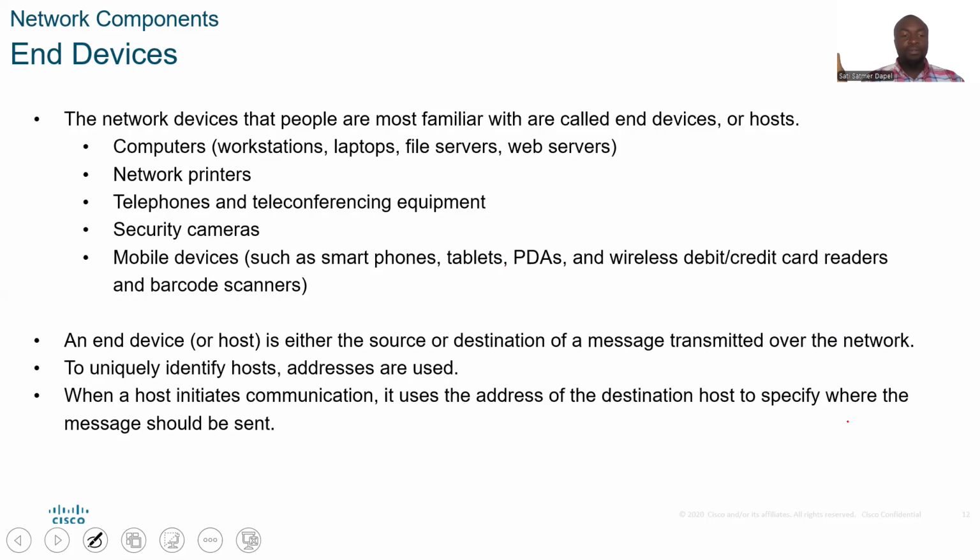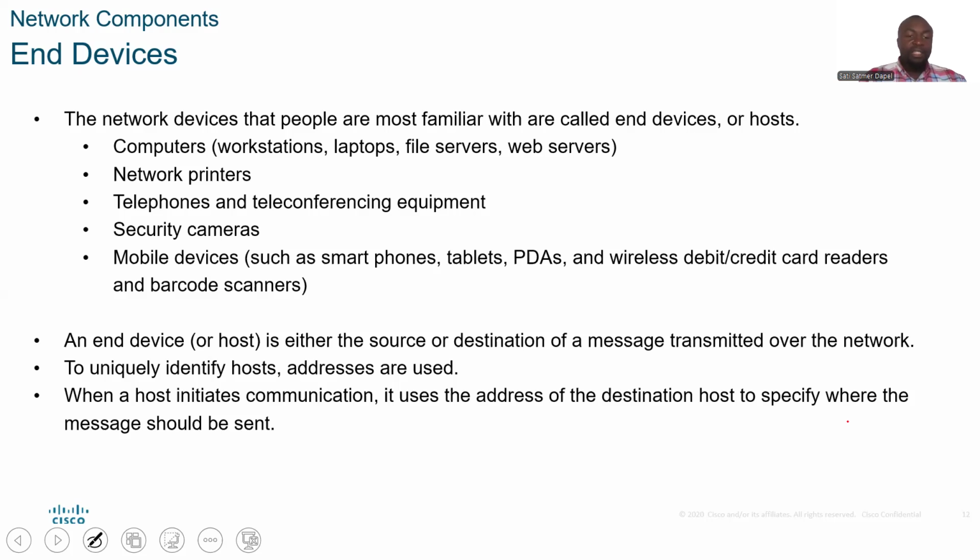Network printers, telephones, security cameras, mobile devices, PDAs, smartphones, debit card readers, barcode scanners, smartwatch, smart car, smart TV, all those things are end devices. Why? Because they are the source and they can be the destination, right?